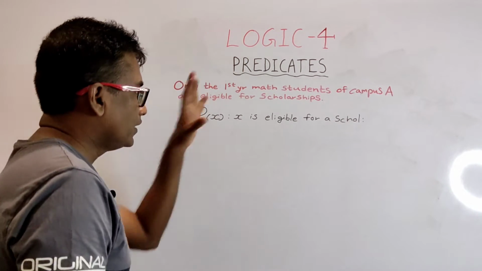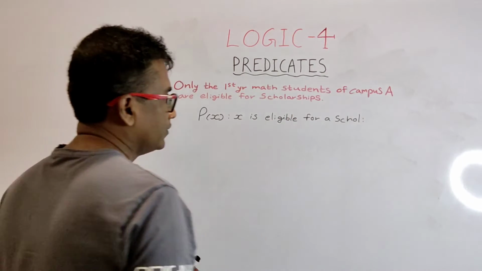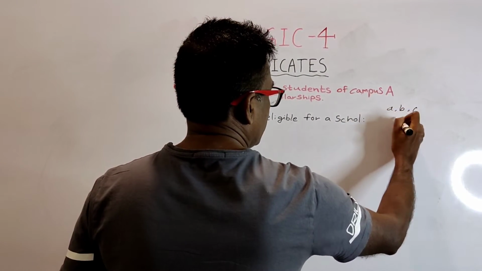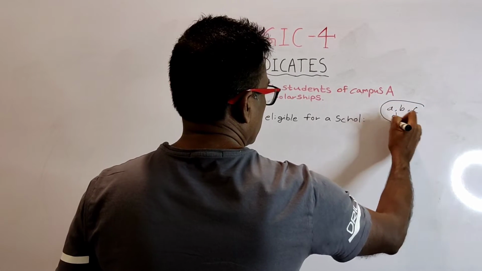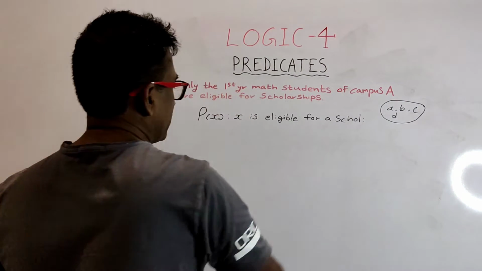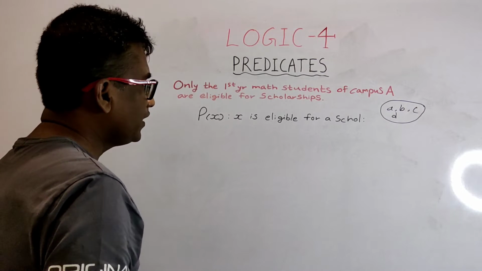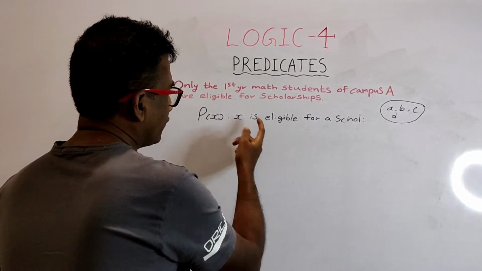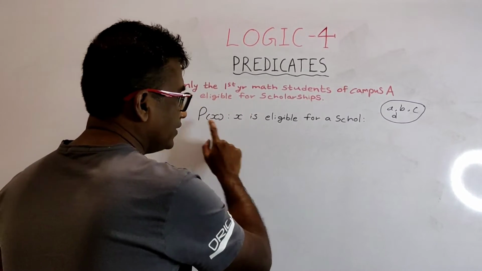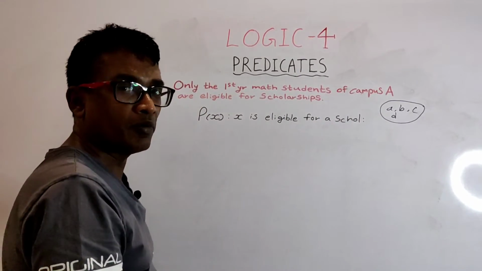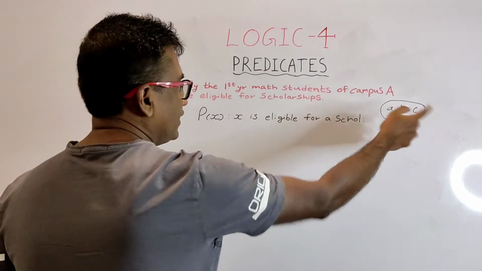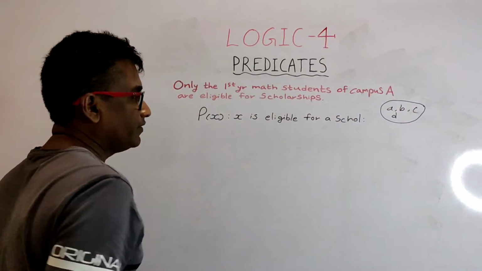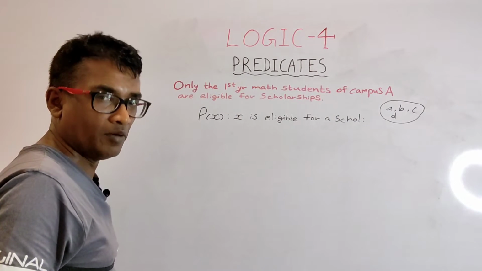So now in the first method, if the students A, B, C and D are first year students of the maths department, if we replace x with A or B or C or D, then this would become a true proposition, because A, B, C and D are first year maths students of campus A. Okay.